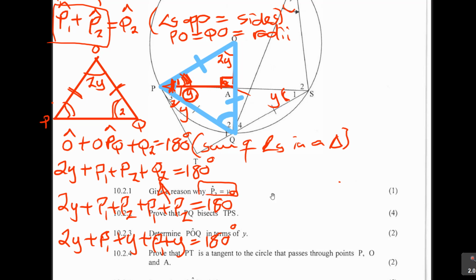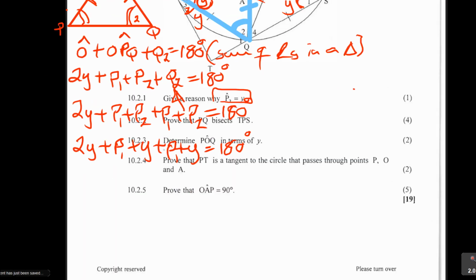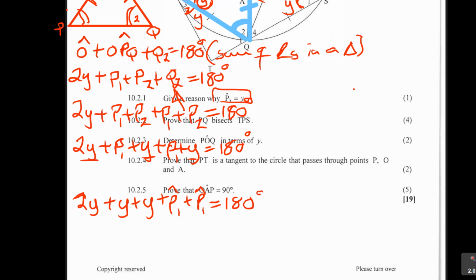Then it's a matter of simplifying now. Let me collect like terms here. 2y plus y plus y, that plus that plus that, and then plus P1, that is an angle, plus P1, which is an angle, is equal to 180 degrees.